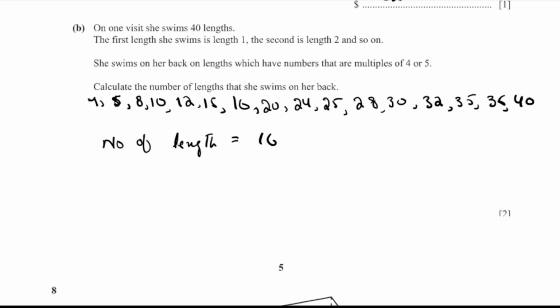You can see all these are the multiples of 4 and 5, and she swims on her back for the numbers that are multiples of 4 and 5, between 1 and 40. So these are the numbers between 1 and 40, and these are the multiples of 4 and 5. Okay, so this is the answer to this question.